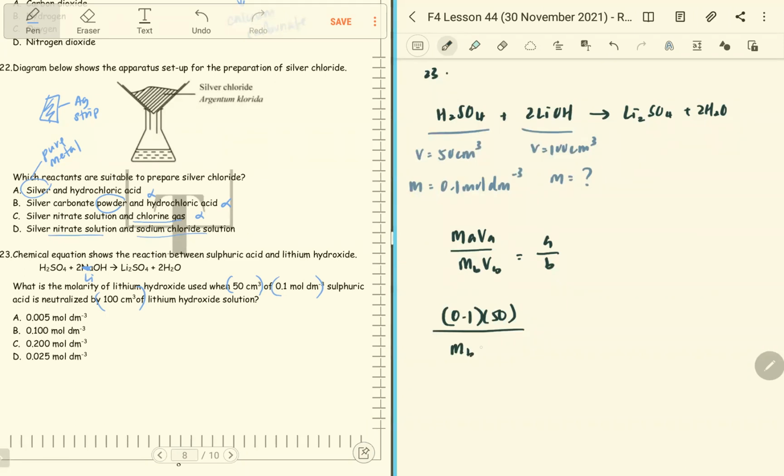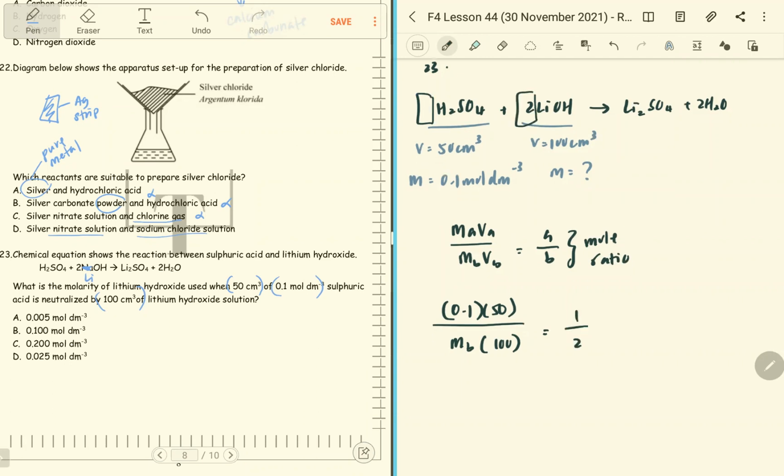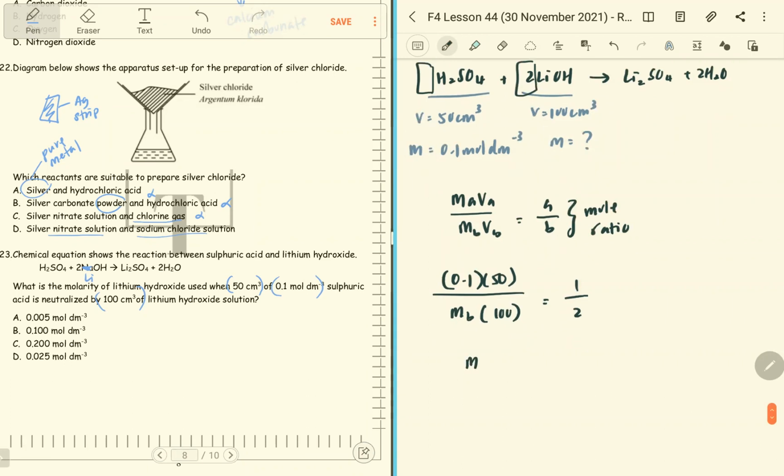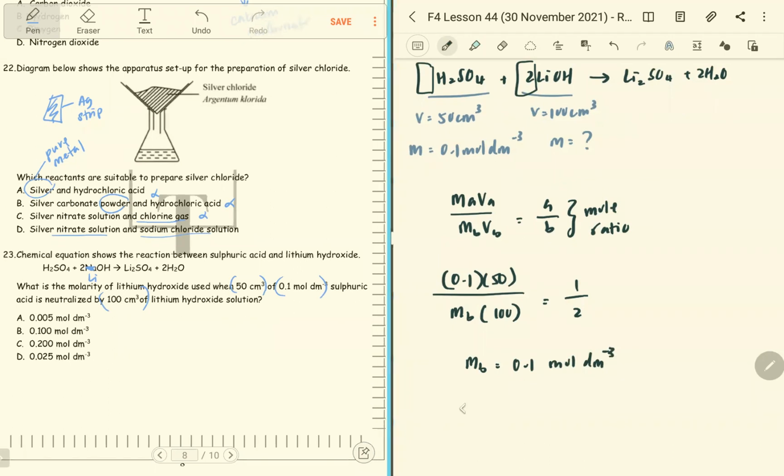So MB, I just leave it. VB, we have 100. And this A over B is just our mole ratio, the numbers before your substances. So A is 1, B is 2. Just put it in your calculator and you get MB equals 0.1 mole per dm cube. Okay, answer is B.